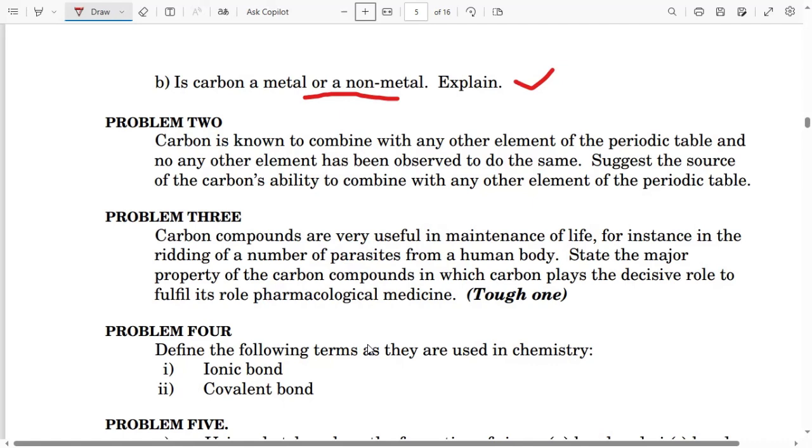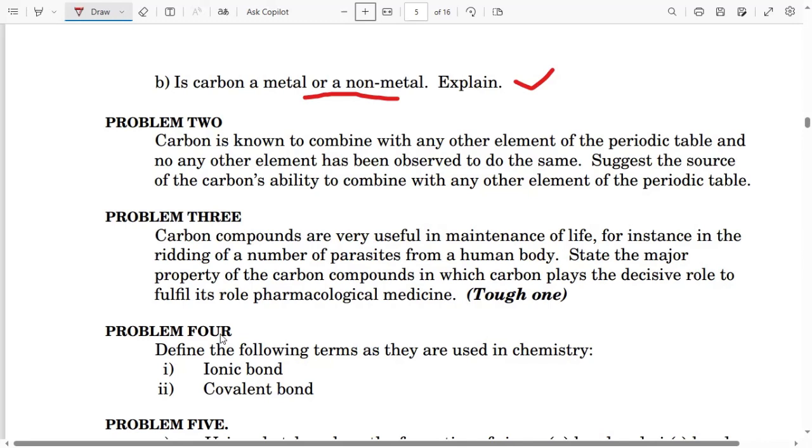You can also say carbon is a non-metal if you are on the non-metal side of the debate, because it can behave as a poor conductor of electricity. Those elements on the periodic table, if something is a metal, it will have the ability to conduct electricity. But if it's a non-metal, then it won't have that ability, or it can conduct electricity at a very slow rate. So that shows that it's a non-metal if you're using that debate.